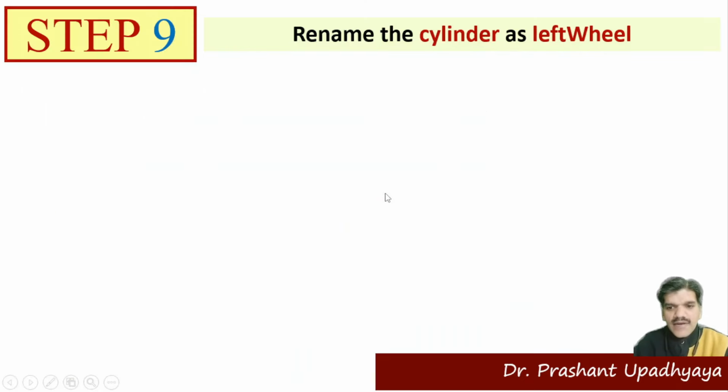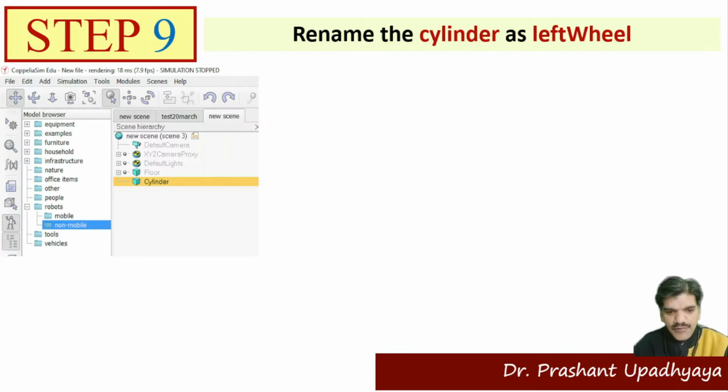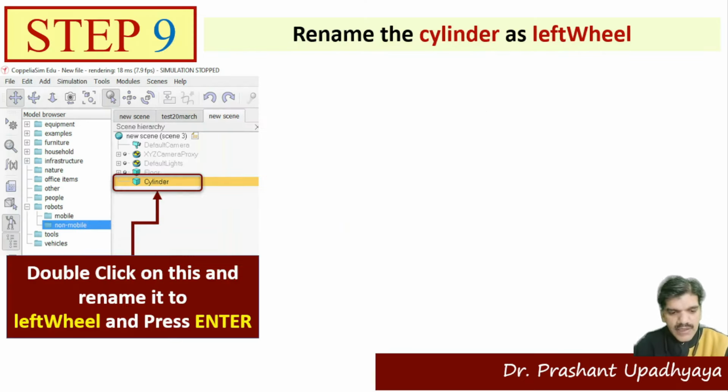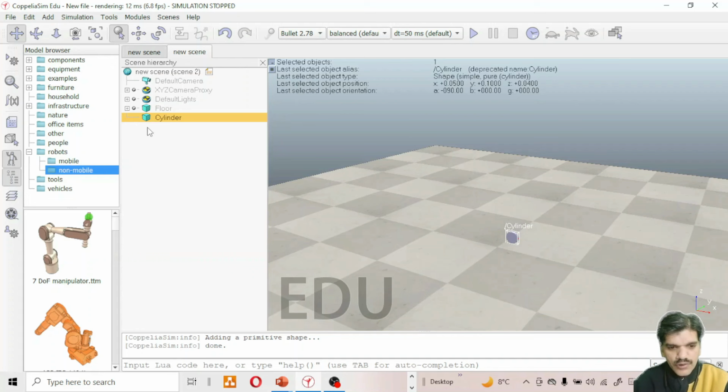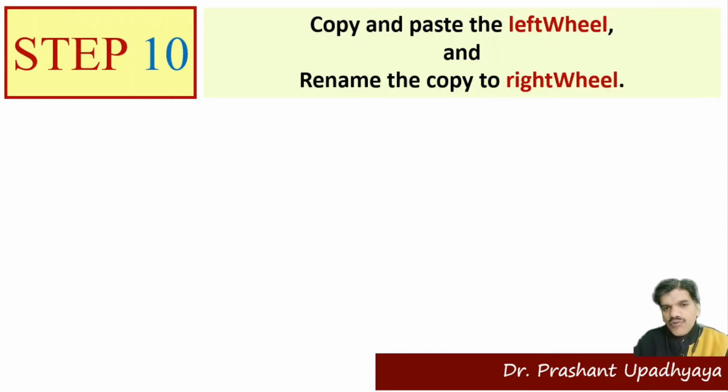Now we have to rename the cylinder as left wheel. Okay, so double click on this, write the name left wheel and press enter. So let me do it. Left wheel and enter. Now, because in a Bubblerob we will be making two wheels, like in any structure so that it can move easily.